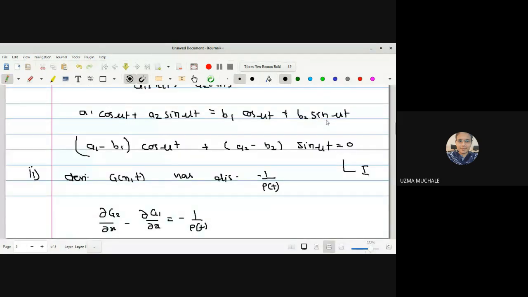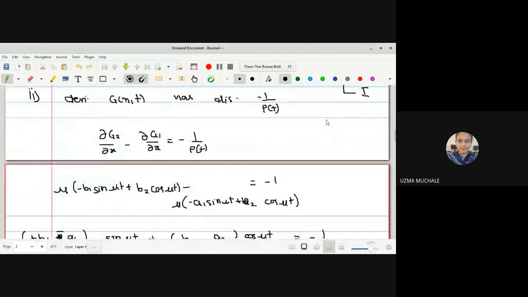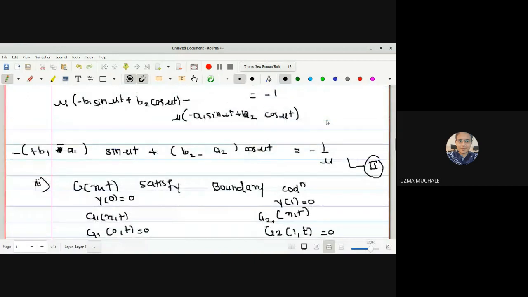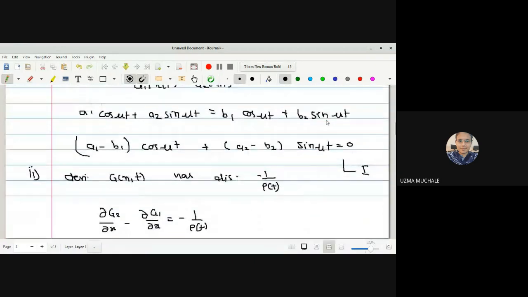How many equations did we get here? This is a1 minus b1. Here is b1 minus a1. If you want, you can write this by taking the negative sign outside, the same equation. I can write this as b1 minus a1 cos mu t plus again b2 minus a2 sin mu t.